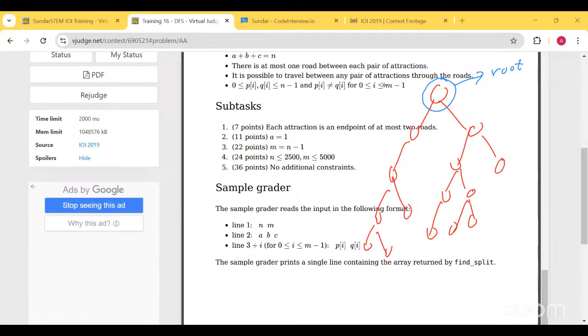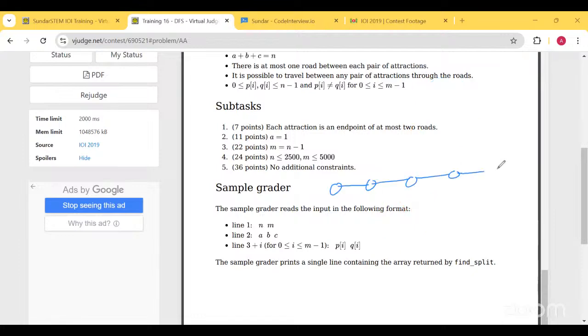The nodes and the endpoints of the diameter of the tree. So let's imagine it is the diameter.